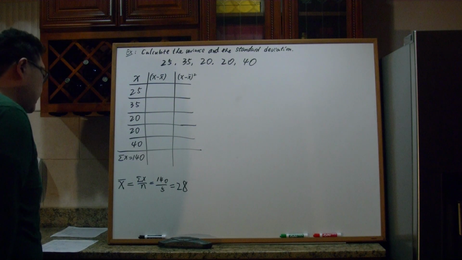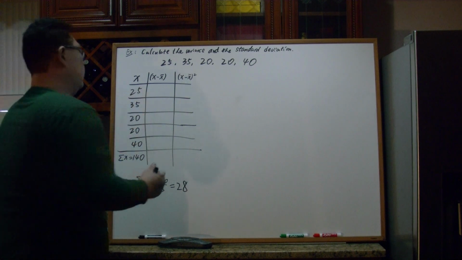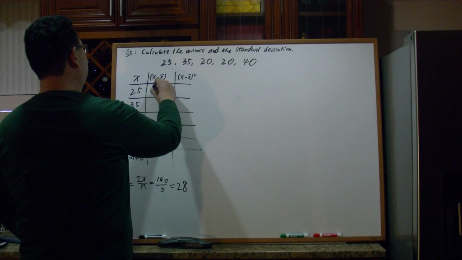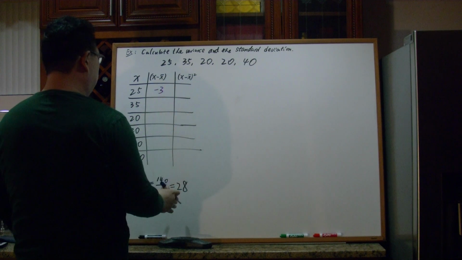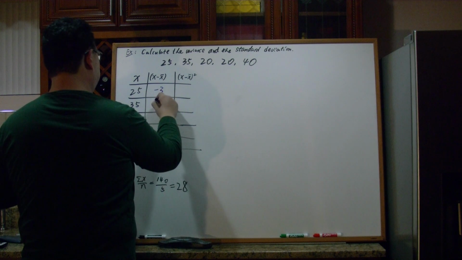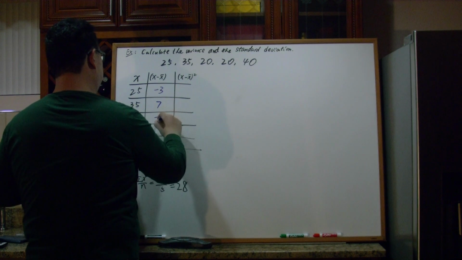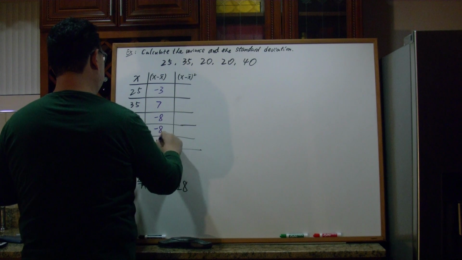Luckily the mean is also a whole number, so we can just subtract it. 25 minus 28 is negative 3. 35 minus 28 is 7. That's negative 8 when we subtract. 40 minus 28 is 12.